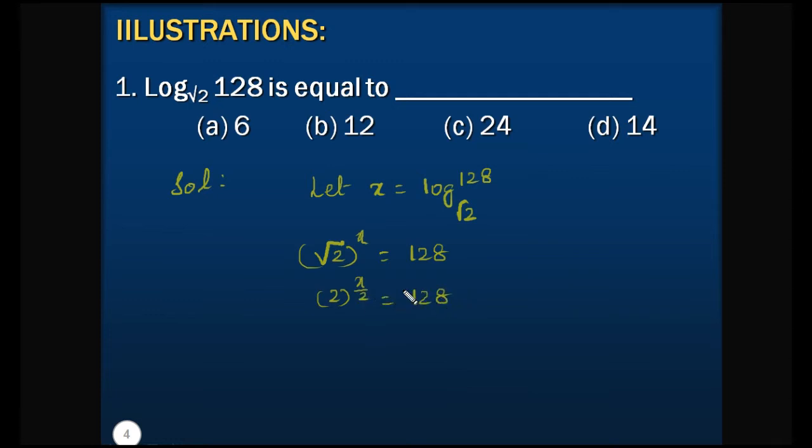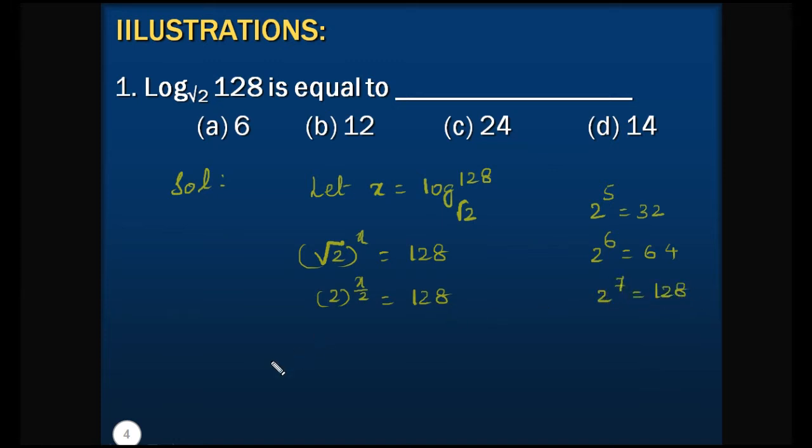If you observe here on the left hand side we have 2 to the power x by 2. If you represent 128 in terms of two powers, then from the laws of indices we can compare the powers, right? So let's do that. So as you know that 2 to the power of 5 is 32, correct? 2 to the power of 6 is 64 and 2 to the power of 7 is 128.